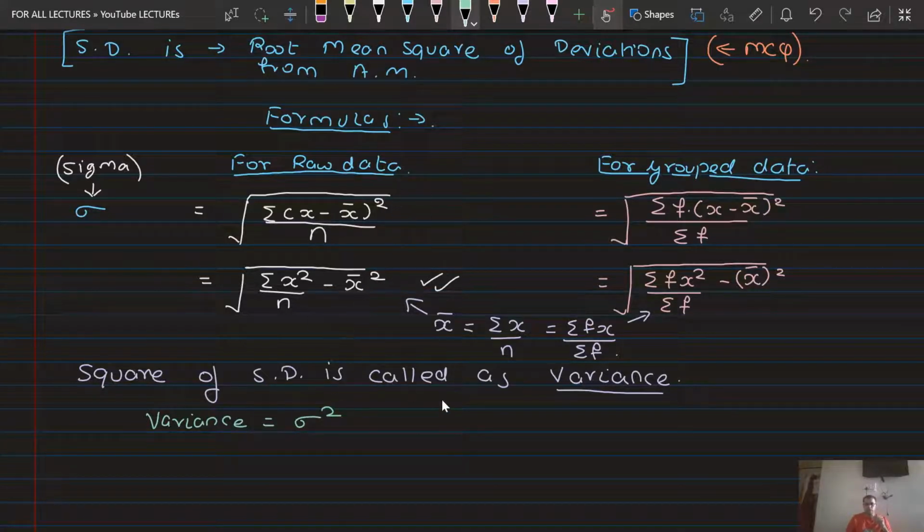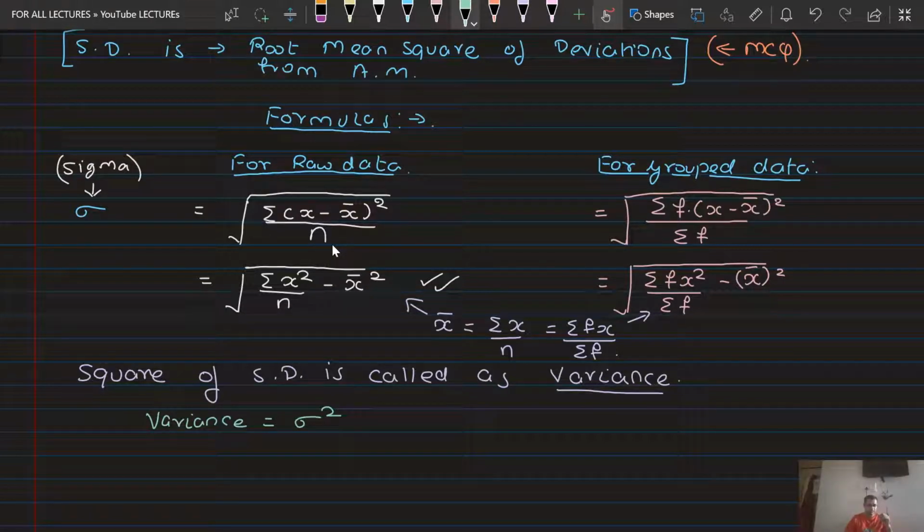Now see, there are no new formulas for variance. Sigma has a square root, so when you square, the square root goes away, and the formula will be summation of x minus x bar the whole square upon n. Otherwise, summation x square upon n minus x bar square. If you are given the frequency data or the group data, apply the corresponding formulas by just removing the square root, and you are ready with your formula. Okay.